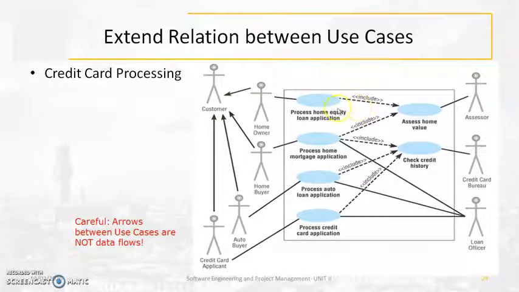So include: process home equity loan application, assess a home value. This is an include use case. To process a home mortgage application, process auto loan applications, or process credit card applications, checking credit history is mandatory. So this is an include use case, and these are the actors, credit card bureau and loan officers, linked with these use cases.